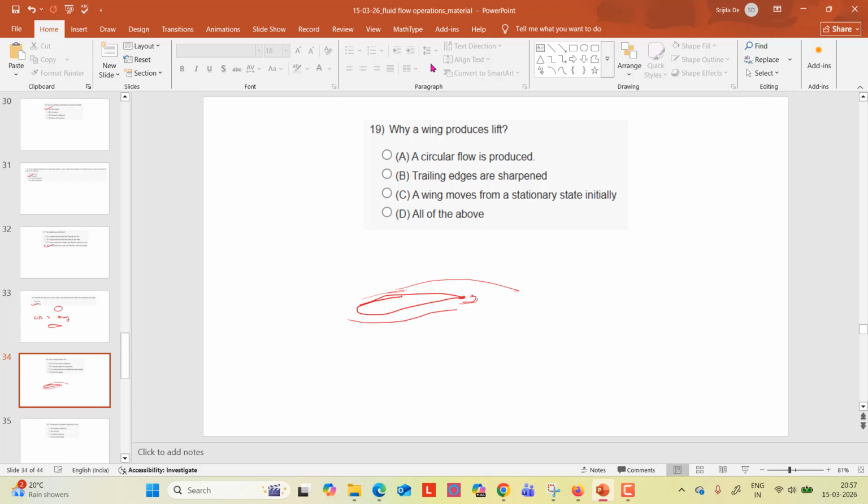From here the flow separation will happen, right? And here there is an edge. Because of this sharpening the wake will come. A wing moves from a stationary state initially. Yes. So the reason is all of that.